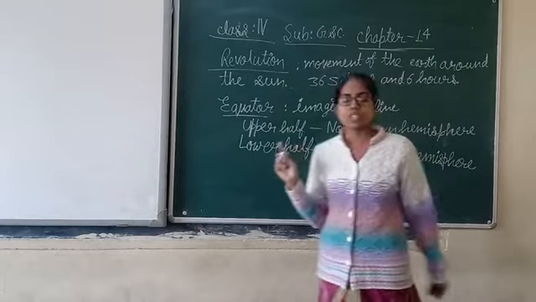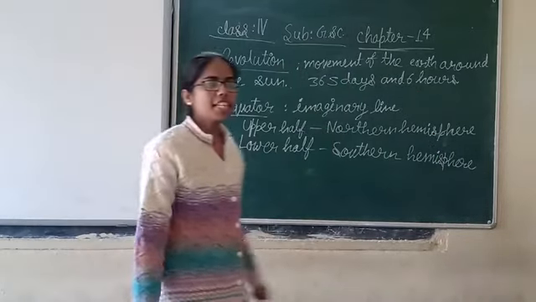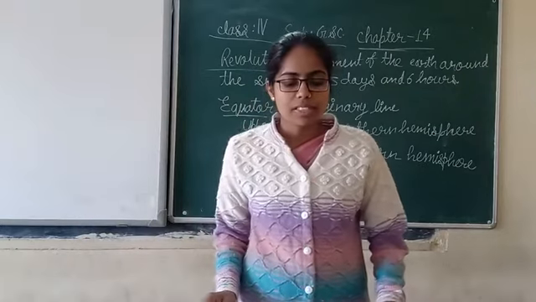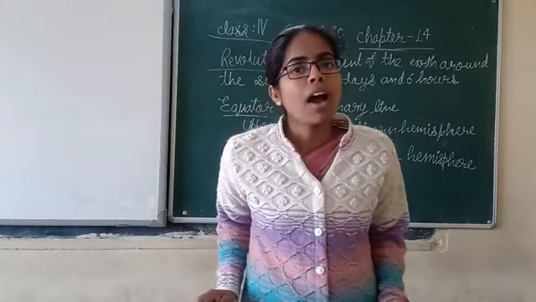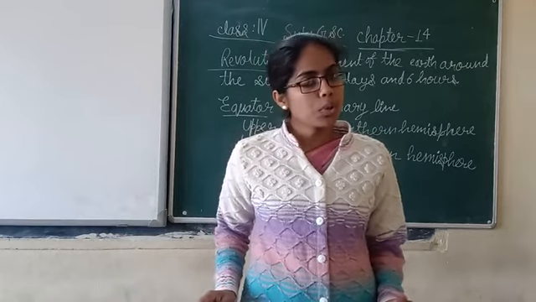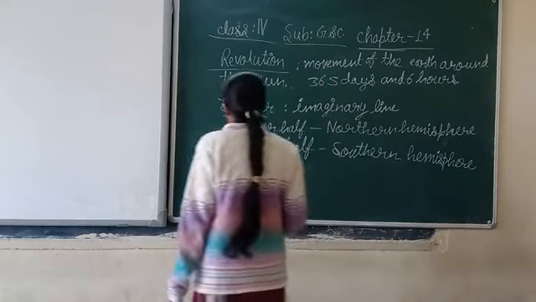Lower half is called the southern hemisphere. Upper half is called the northern hemisphere. Both the hemispheres of the earth are opposite to each other. This is about the revolution and the equator.